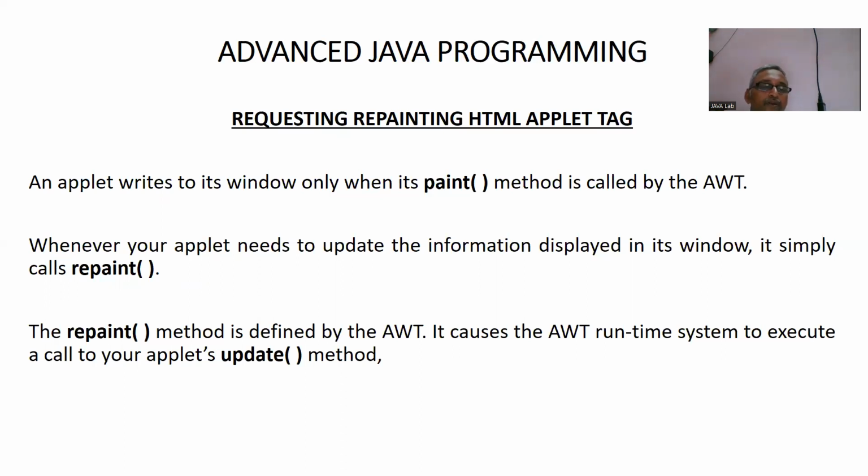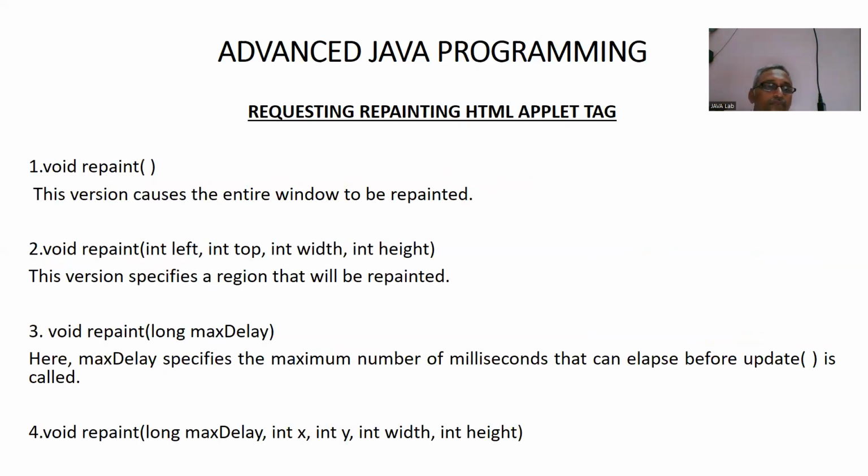The AWT will then execute a call to paint, which can display the stored information. For example, void repaint(). This version causes the entire window to be repainted. Void repaint(int left, int top, int width, int height).